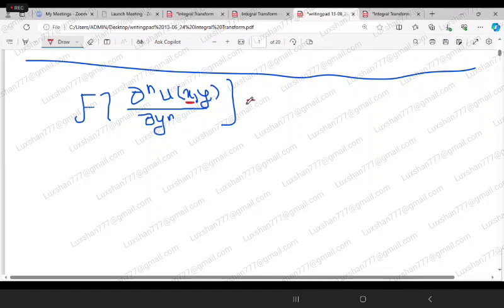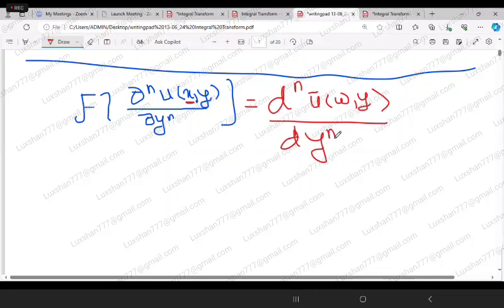Then this is equal to dⁿū(ω,y)/dyⁿ. Here you can consider omega as constant.